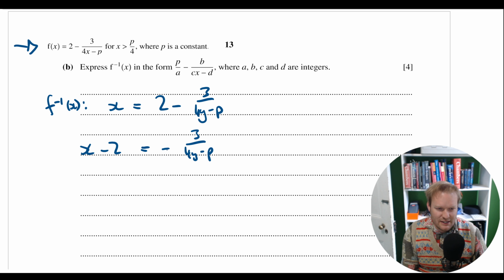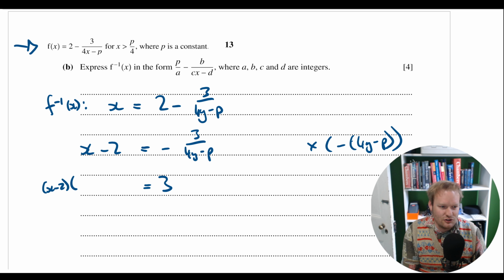And there's this pesky minus over here, so we can multiply everything by minus 4y minus p, and that will leave the right hand side just as 3. What we do to one side we do to the other. All those lovely equation ideas come out. So this is going to be x minus 2, and we're multiplying it by 4y minus p. Of course, there are other sneaky things we could do there as well.